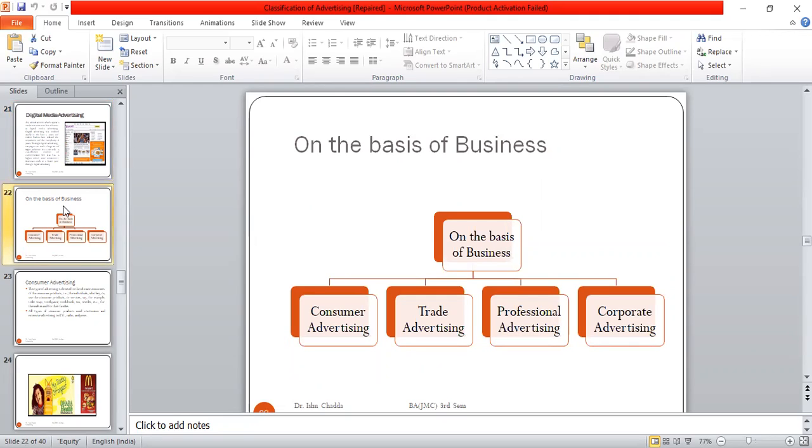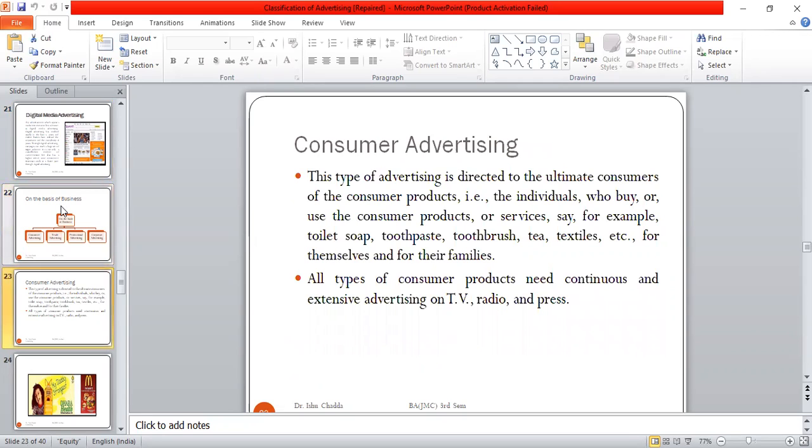The next classification is on the basis of business. On the basis of business, it is further divided into consumer advertising, trade advertising, professional advertising, and corporate advertising. When you classify advertising on the basis of business, the first one is consumer advertising. This type of advertising is directed to the ultimate consumers of consumer products, that is, individuals who actually want to buy your products or use the consumer products or services.